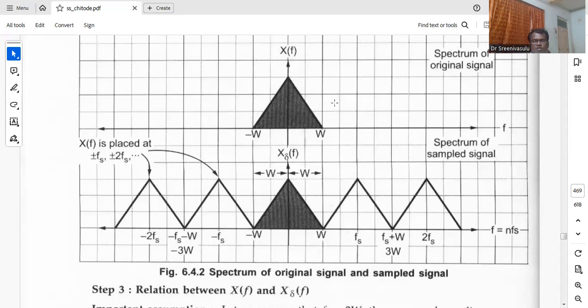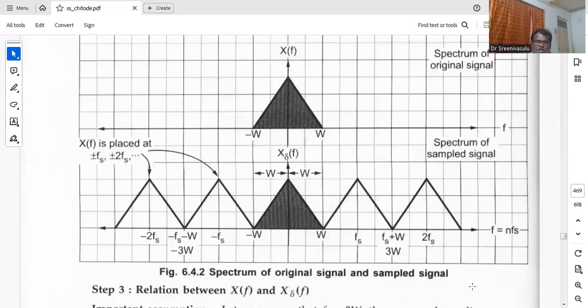Then if you see x of f minus nfs: suppose n equal to 0, x of f into fs, the same spectrum you are going to get. Next, it is shifted by fs. Now you select fs equal to 2W. So whenever fs is equal to 2W, the spectrum's zero appears at fs.